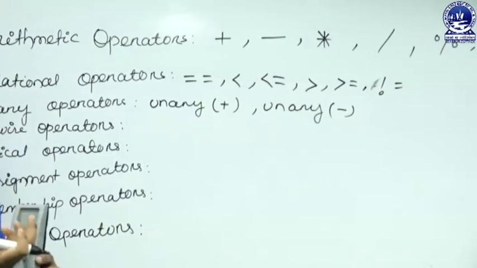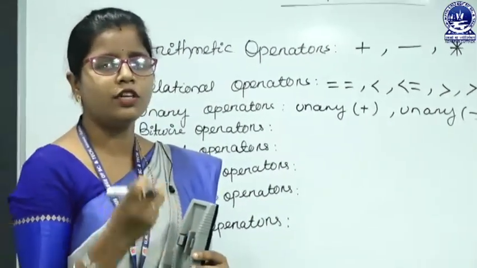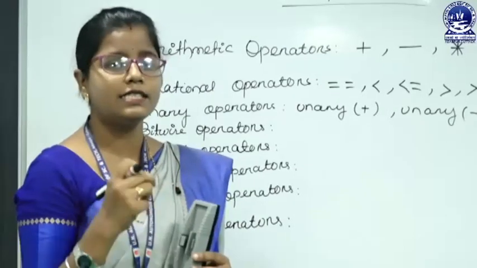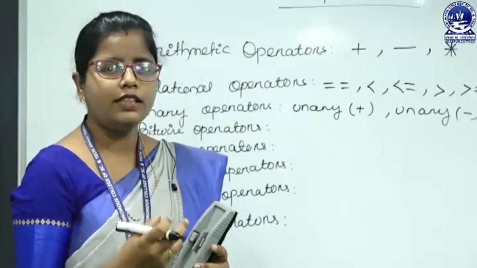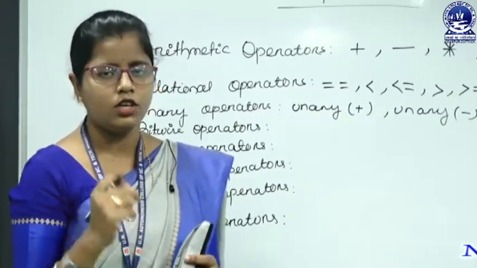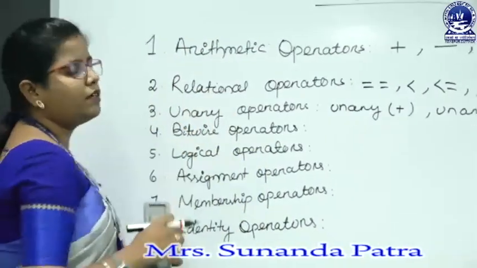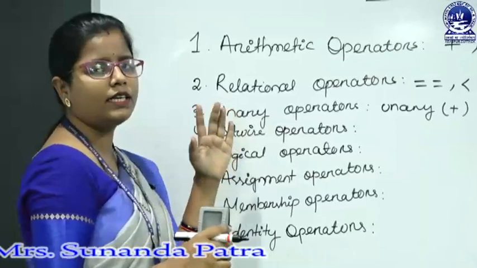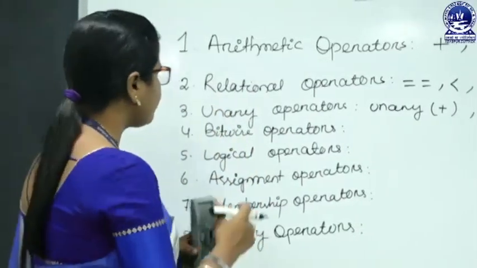So what does unary mean? Unary means the operator is going to perform the operation on a single operand. Binary means when the operator is going to perform some operations on two operands. So that is a binary operator. So this unary operator means this operator is going to work on a single operand.